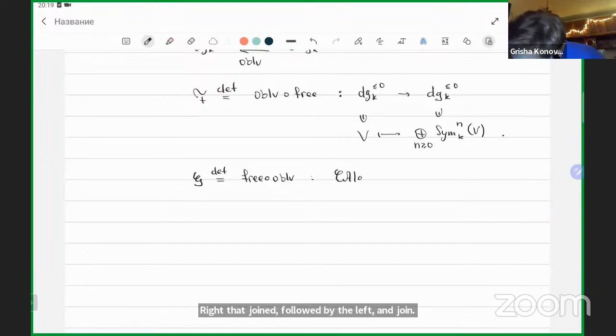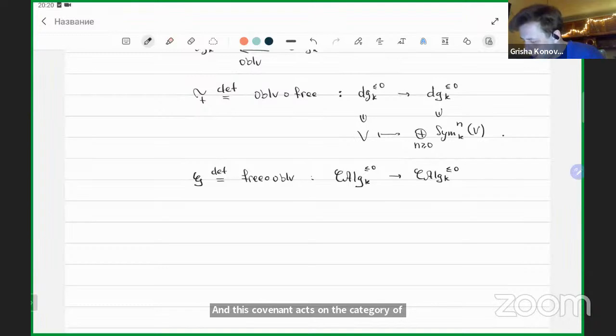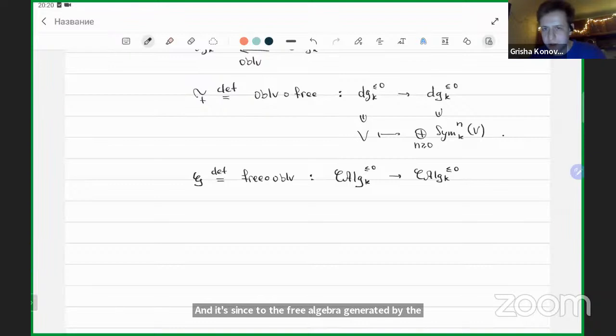And this comonad acts on the category of algebras. It sends an algebra to the free algebra generated by the underlying complex of the algebra we started with.